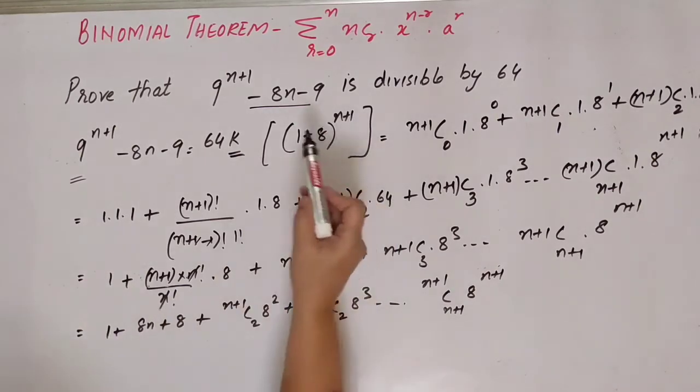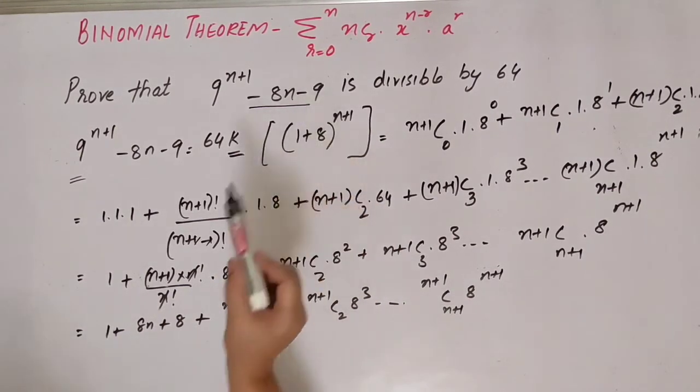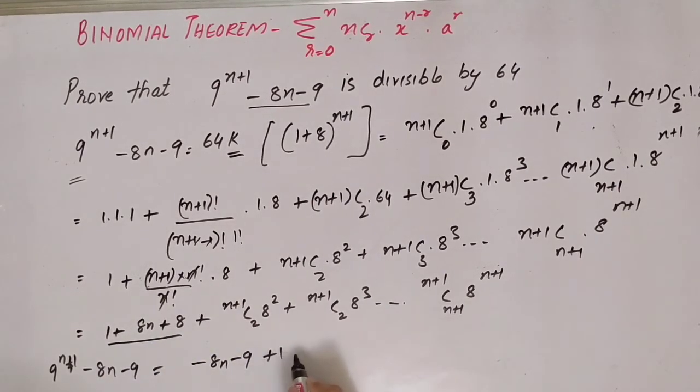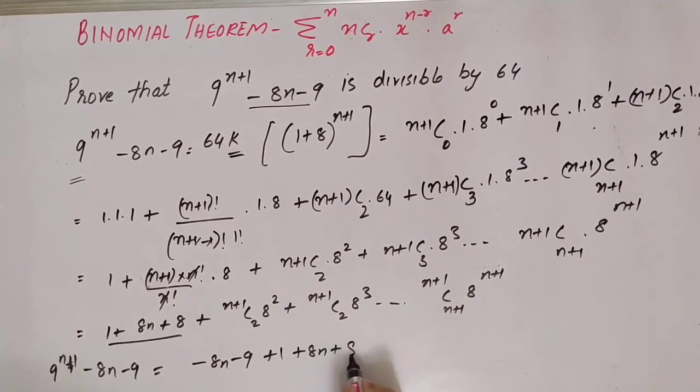So now what we can do is bring this minus 8n minus 9 on both the sides. So we have 9 to the power n plus 1 minus 8n minus 9 is equal to, we bring this here, minus 8n minus 9, and then we have plus 1 plus 8n plus 8.